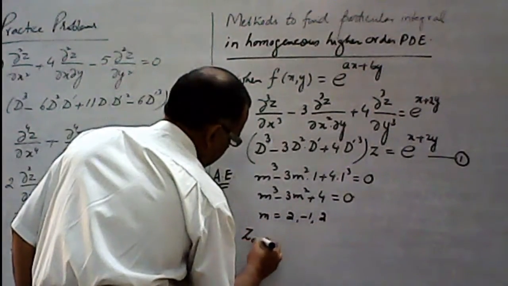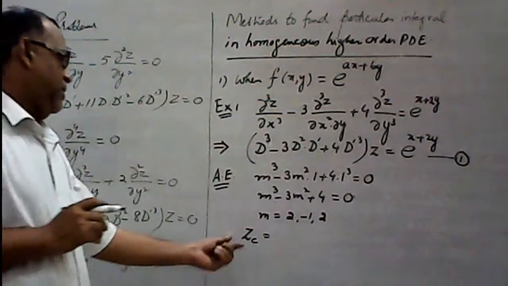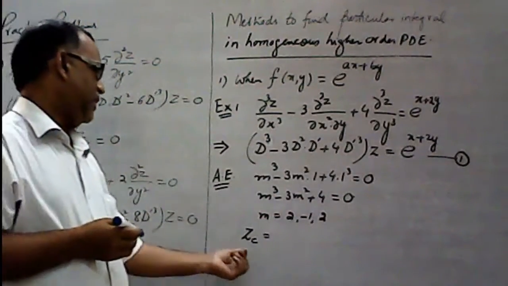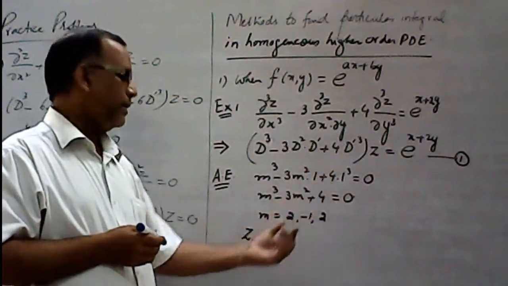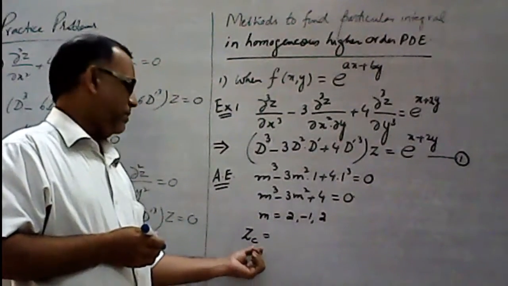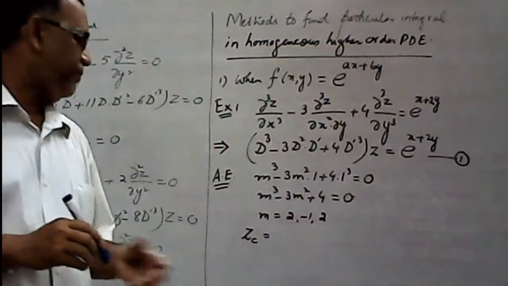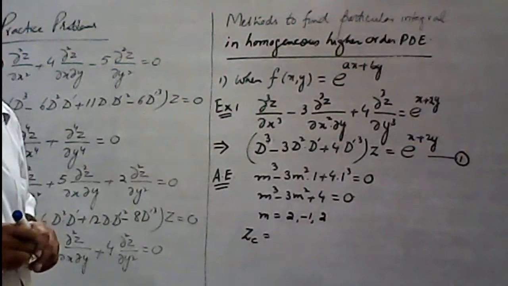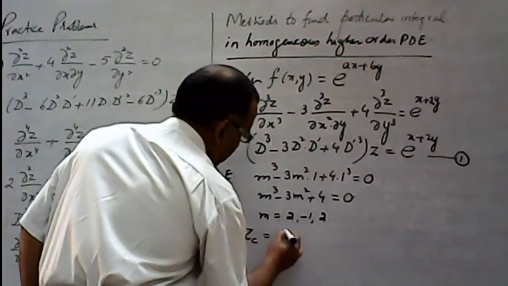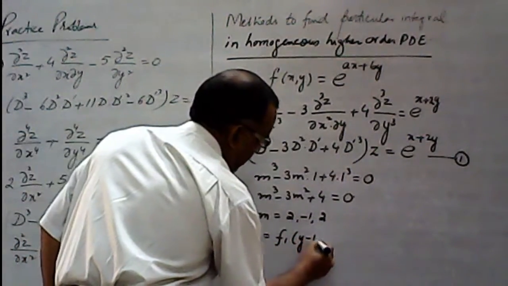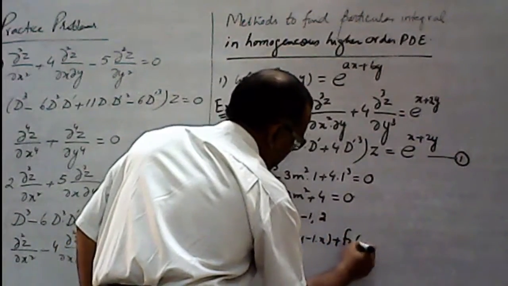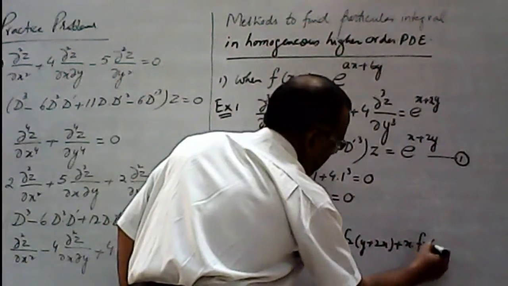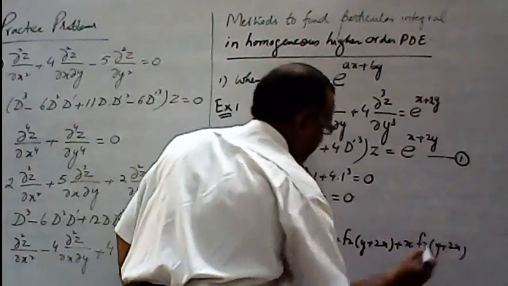Hence Zc. Just like we did in ODE, if you need to find the particular integral, then represent C as a subscript to show that this is the value of the complementary function. So it means f1(y minus 1x) plus f2(y plus 2x) plus x f3(y plus 2x).